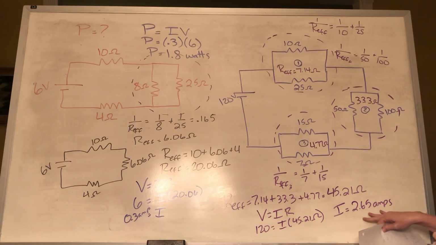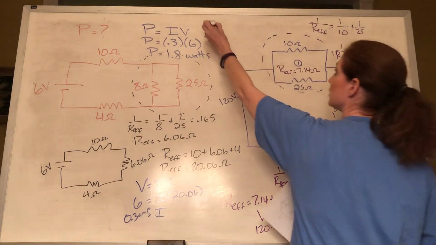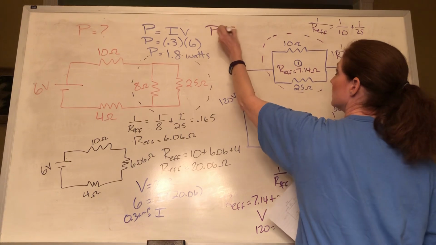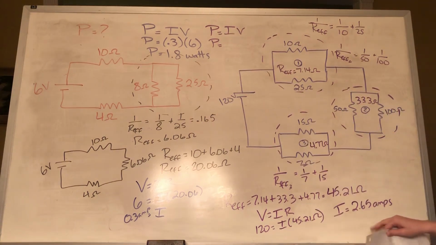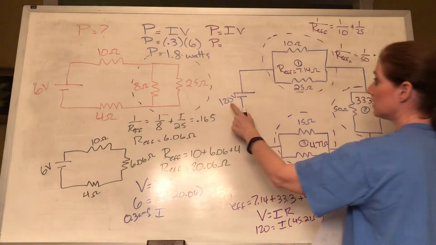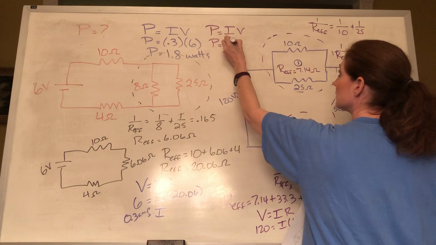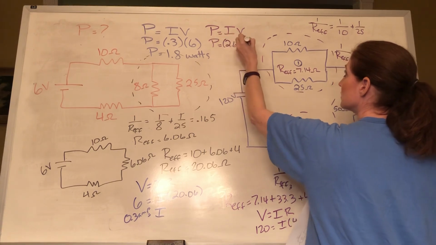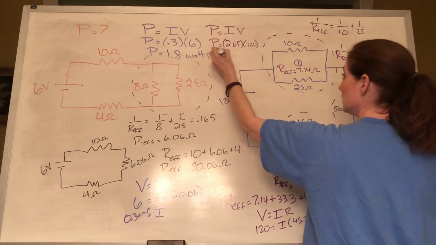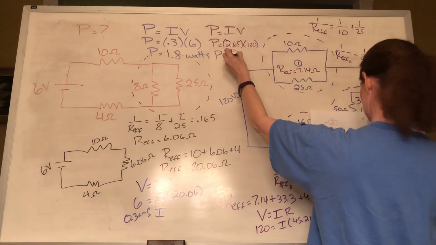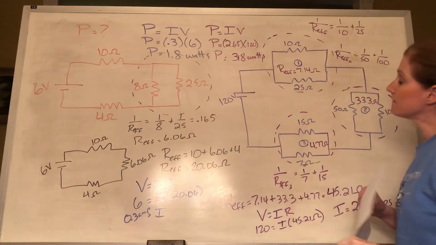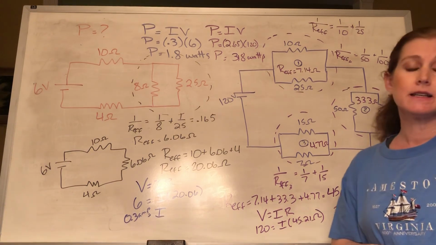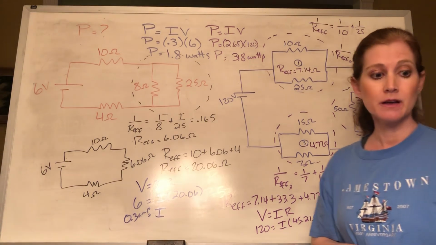And so then we're going to take that and do the power equation. So again, it's 2.65 amps, 120, and the power is 318 watts. And that is everything. Alrighty.